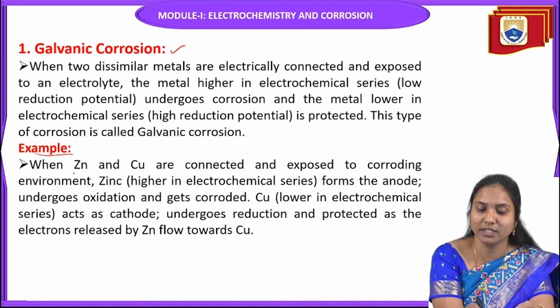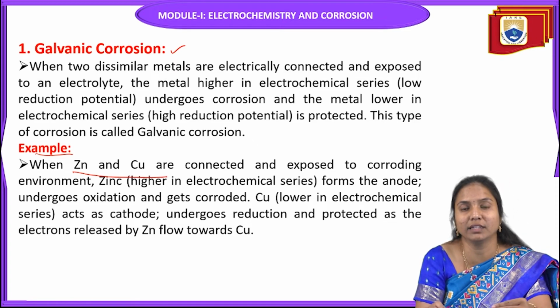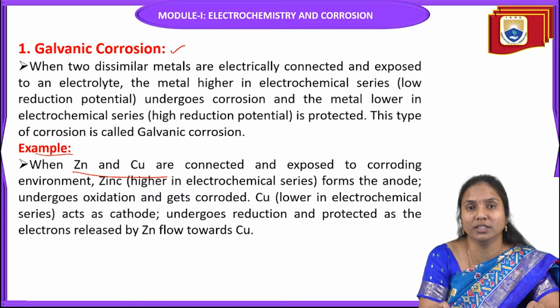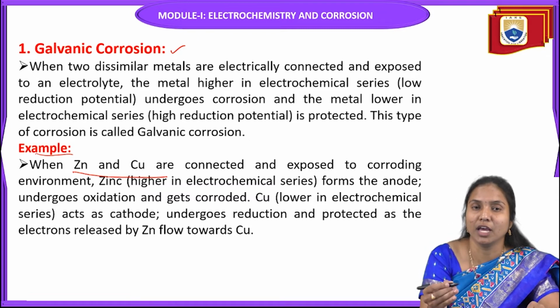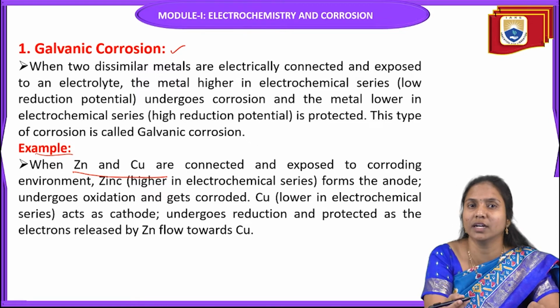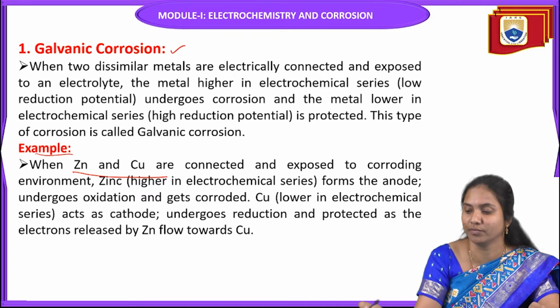For example, zinc and copper. These two metals are electrically connected and exposed to electrolyte. Zinc is generally above the hydrogen scale, at a higher position in the electrochemical series. So in zinc and copper, zinc acts as anode and copper acts as cathode. Zinc undergoes oxidation because it is at a higher position in the electrochemical series, so that metal easily undergoes corrosion.